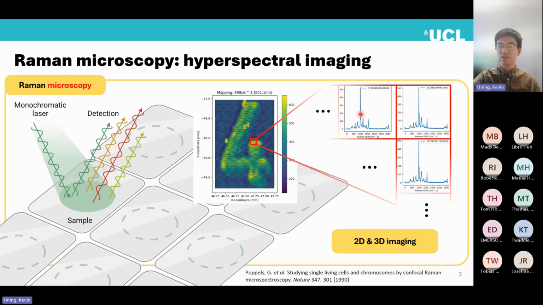And by looking at different wavelengths over here, we can then plot a heat map of it. What's interesting is that by looking at different wavelengths, theoretically, we would be able to look for the presence of different materials. What this allows us to do is perform a kind of layer analysis, for example, in tissue analysis or other applications. This can be done in both 2D and 3D imaging. And so these are really what people are interested in when they are talking about Raman microscopy.